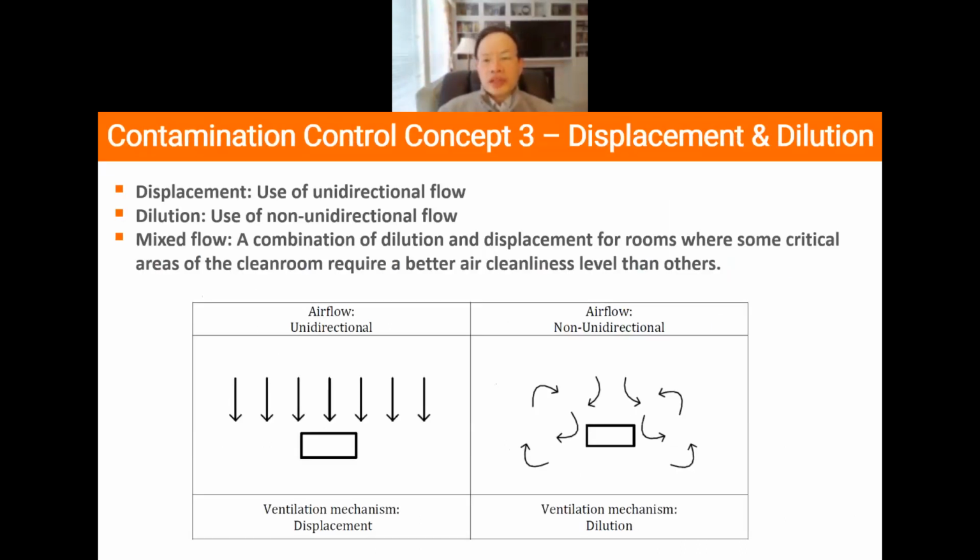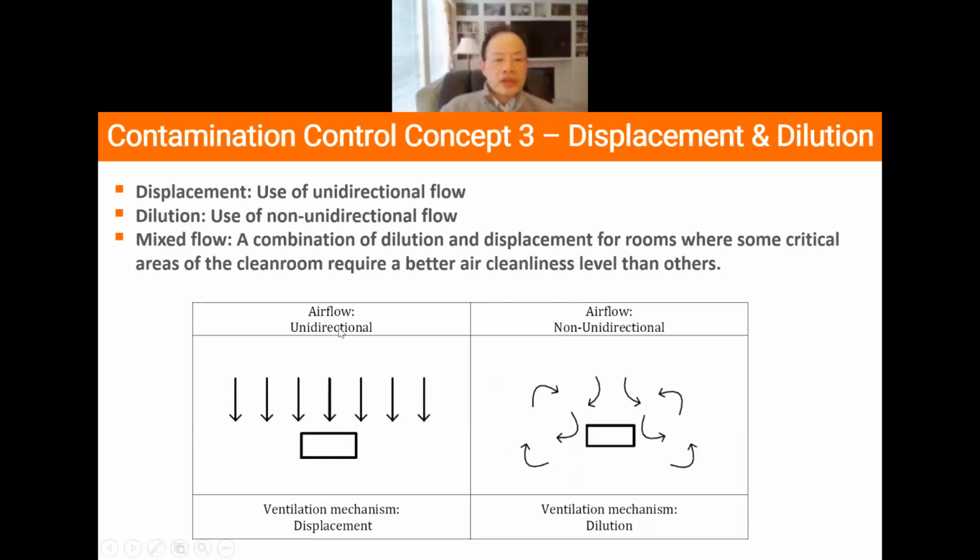Concept 3 is what we call displacement and dilution. Displacement basically utilizes unidirectional flow. Dilution uses non-directional flow. In the previous first edition of the standard, they provided a lot of conceptual diagrams and charts. But in this standard, the committee members decided to simplify the concept.